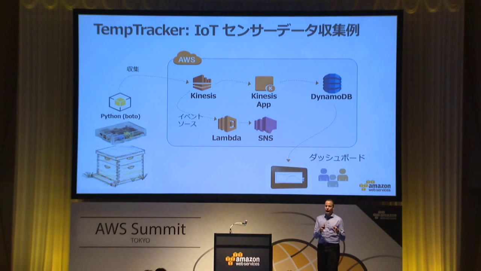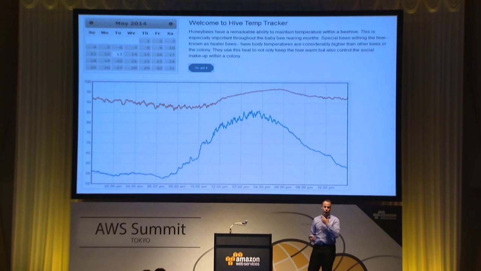You grab a beehive on the left side, and there is a very simple Python script that runs on the Raspberry Pi and sends the data up to our Kinesis stream, which is then able to aggregate the data and push it over to DynamoDB, and that's where we generate the proper dashboard. Let me show you what the dashboard looked like.